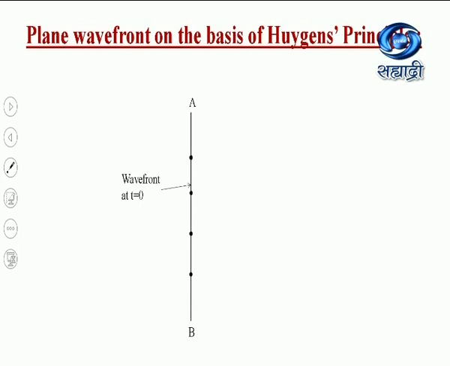If the speed of light in the given medium is v, then after time t, the waves emitted by all these sources will cover distance equal to Vt. And therefore, taking the first point as the center and Vt as a radius, we draw the spherical wavelet emitted by the first point source. So this is the spherical wavelet emitted by the first point source.